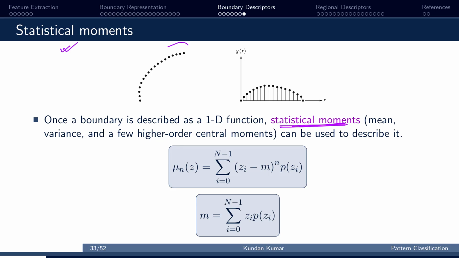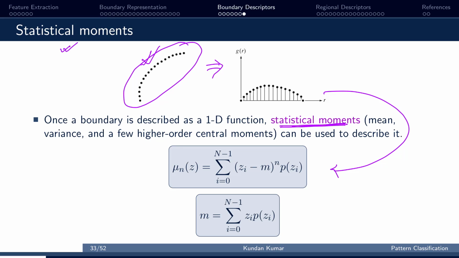So if we have the boundary points and if we can convert them to a probability density function, then we can compute these parameters, these descriptors, from the boundary pixels.